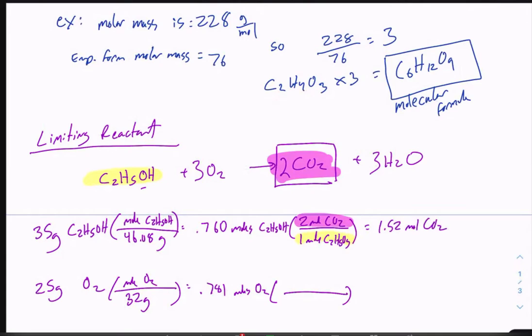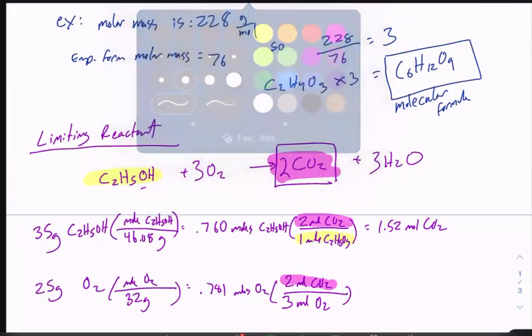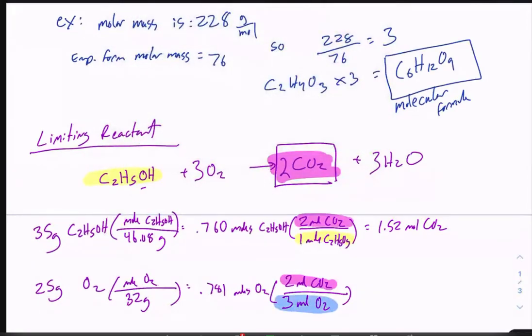So I need to do the same thing for the moles of oxygen. There's 2 moles of CO2 for every 3 moles of O2. So I am taking 0.781 and multiplying it by 2/3.